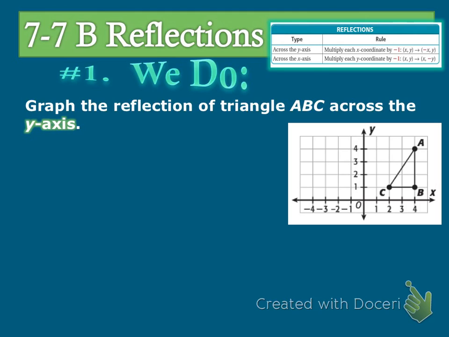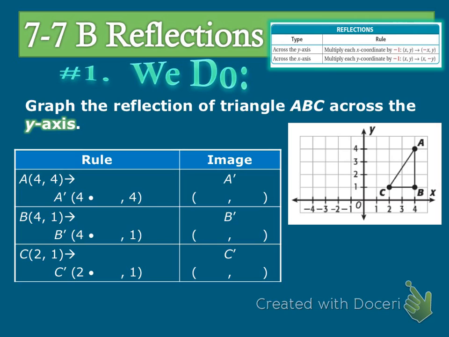So let's look at our first example here. We need to graph the reflection of the triangle ABC across the y-axis. In order to do that, I'm going to set up a table kind of like I did on the translations ones. We've got our little table set up here.